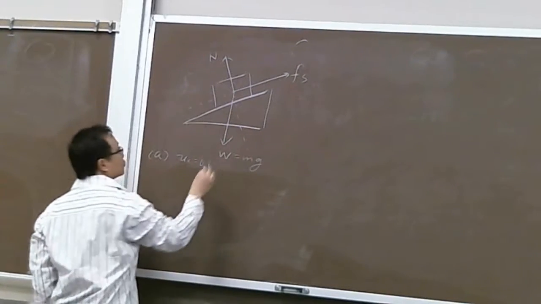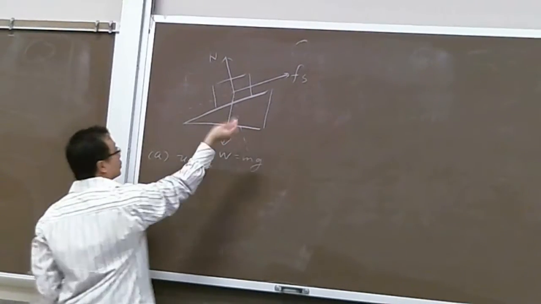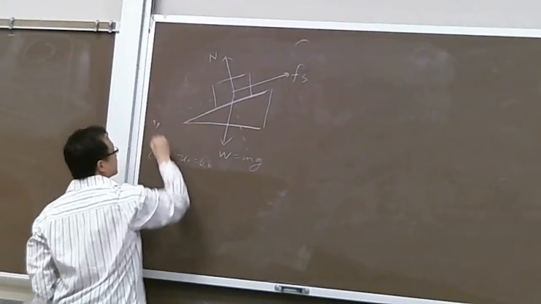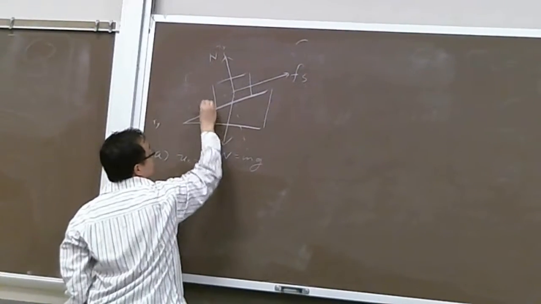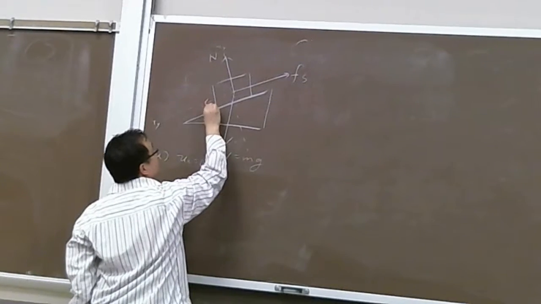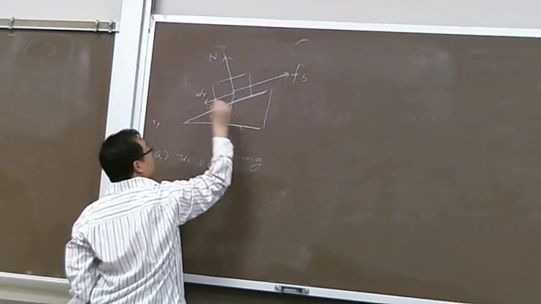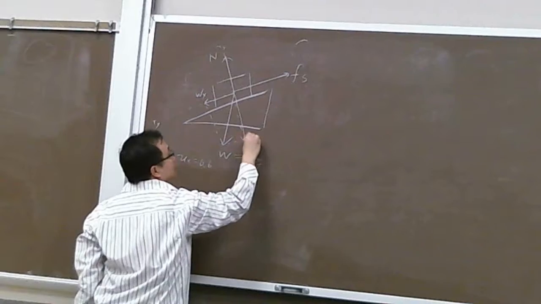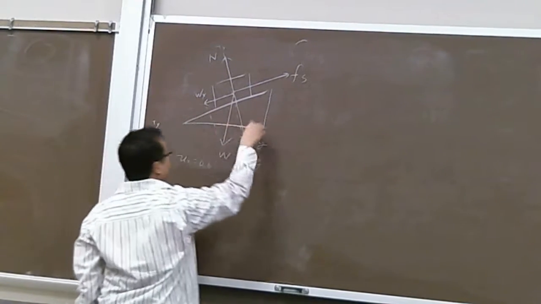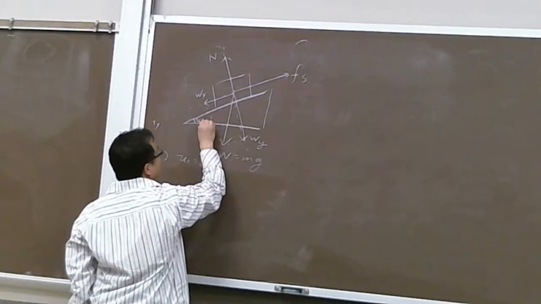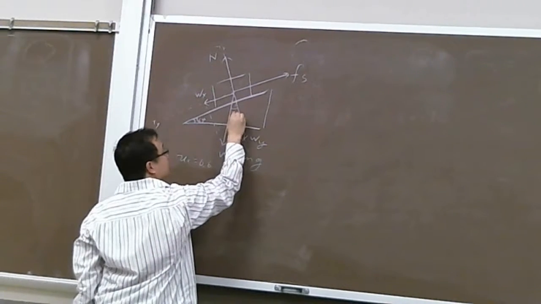We choose positive x and positive y, and decompose W to get Wx and Wy. This is 36.9 degree, so this is also 36.9 degree.